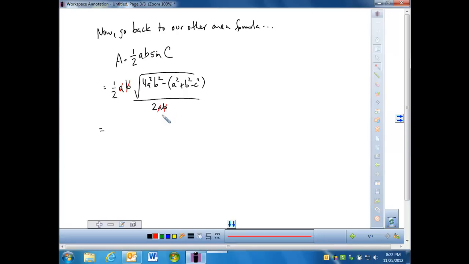You can see some things cancel out, and I can pull that 2 in the denominator out to write it as a fourth, and so now I don't have a fraction anymore. It's just going to be one fourth times all of that information under the radical. Now I'm going to take a few steps here to do a whole lot of rewriting and algebraic manipulation. Remember, algebraic manipulation is just rewriting things to serve our purpose.